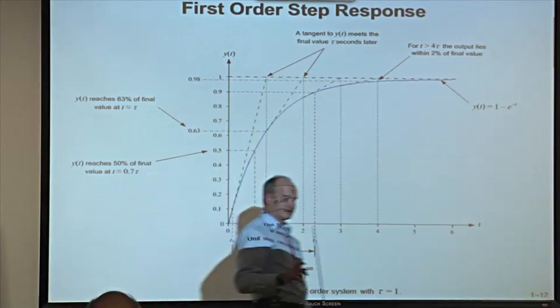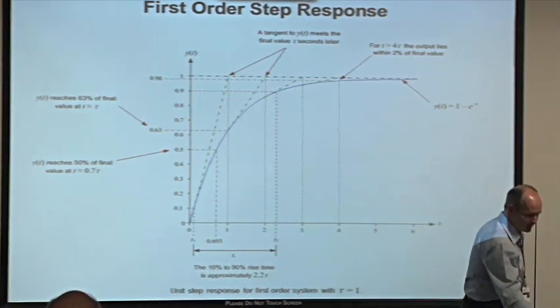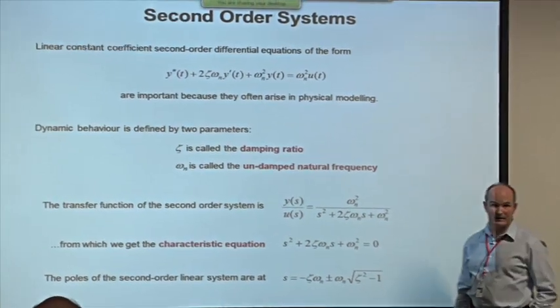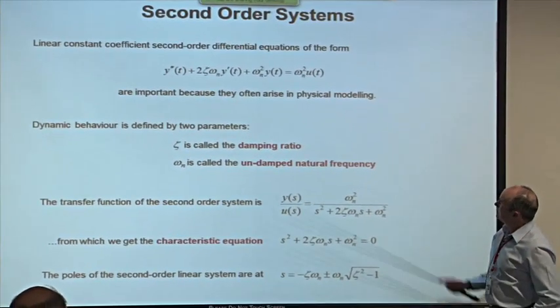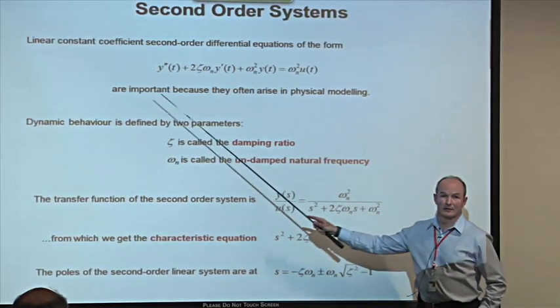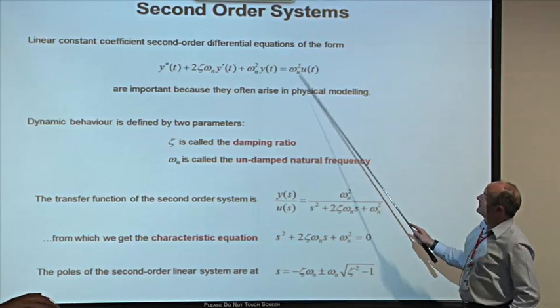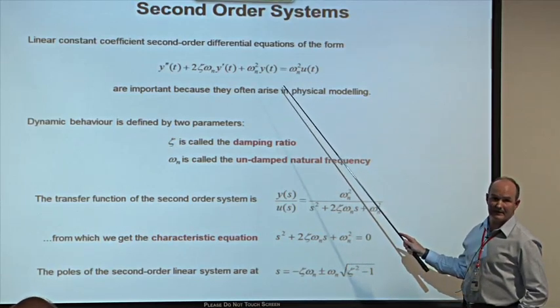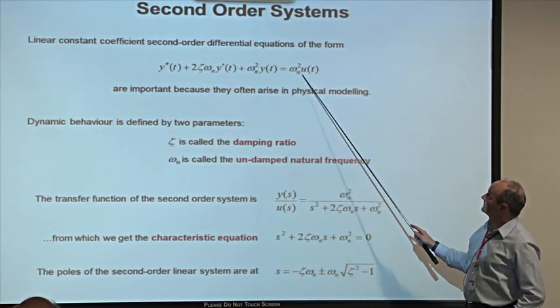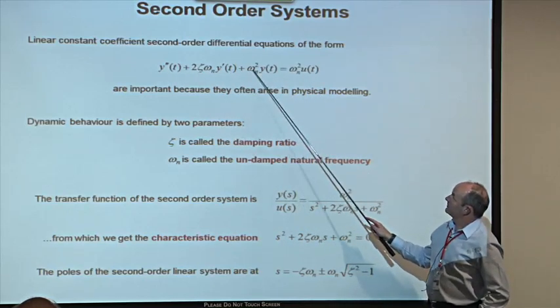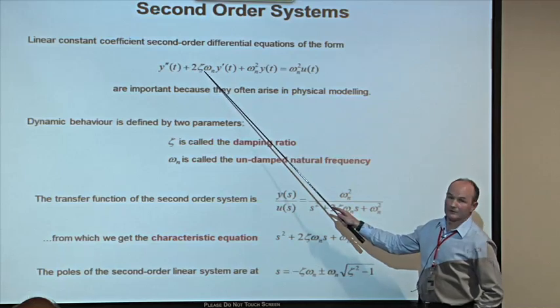For second-order systems, things are very different because the differential equation has 2 parameters now that we need to consider. Here is the classical second-order differential equation. The output side, u of t, has a parameter called omega n. Omega n squared appears over here. And then the input side now has omega n squared, but it also has a parameter called zeta.